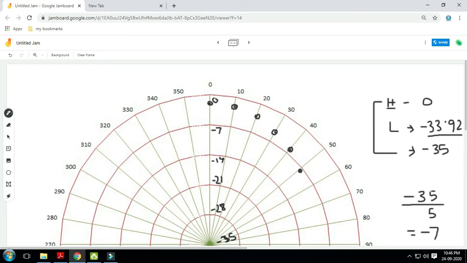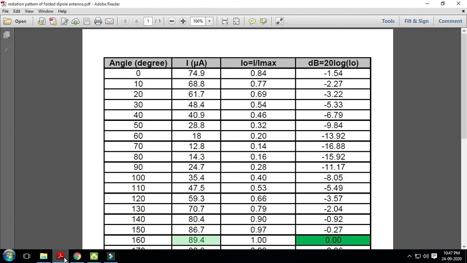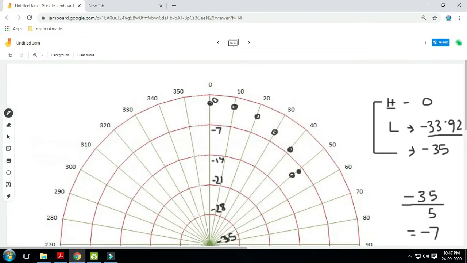This red line is minus 7, and this red line is minus 14. So somewhere between these two red lines, this midpoint is minus 10.5. So I put it a little above this midpoint, so that is minus 9 point something. What was the value? 9.84.